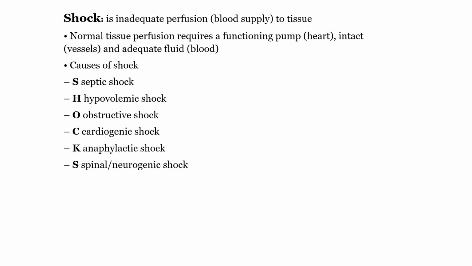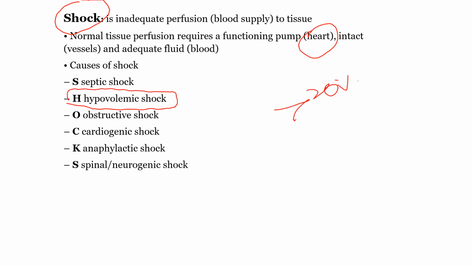What may lead to hypoperfusion? Decreased blood supply, decreased blood pressure. It could be cardiogenic. We said if there's a problem in the heart and it is not pumping, this is cardiogenic shock. Sometimes if you lose too much blood, more than 20% of the blood in your circulation, this will lead to hypovolemic shock, loss of consciousness because of decreased blood volume.